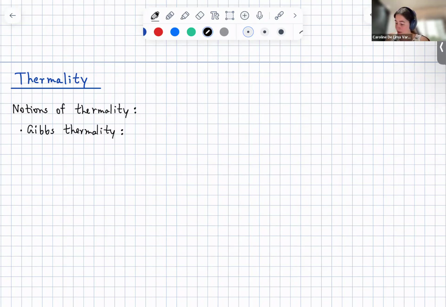So Gibbs thermality would be when the equilibrium state corresponds to some maximization of the thermodynamical entropy, right? So the equilibrium state corresponds to a maximum of some thermodynamic entropy.